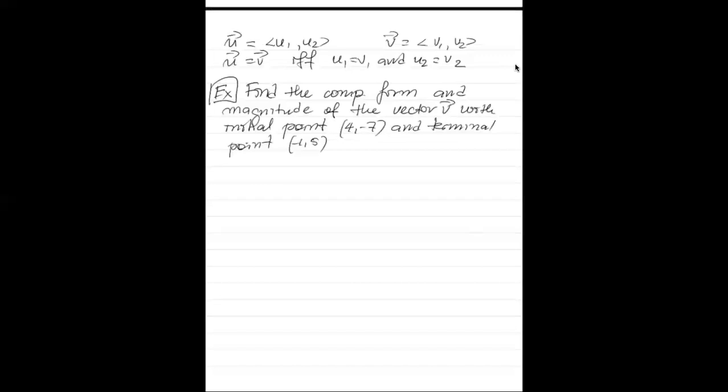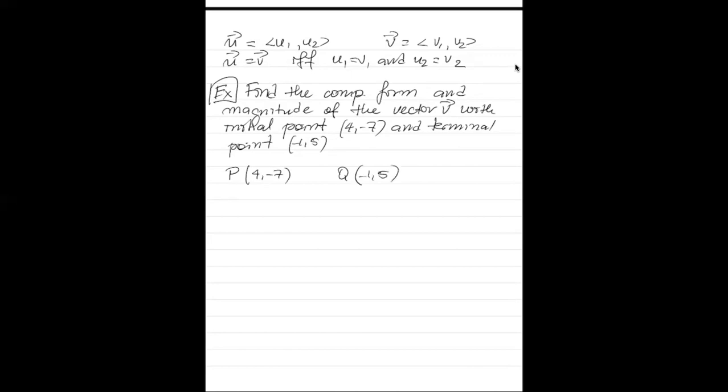We can draw a picture or we can just calculate. So P, our initial point, is 4, negative 7, and Q, our terminal point, is negative 1, 5.